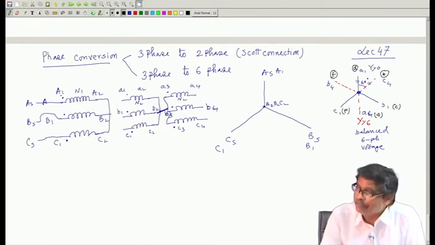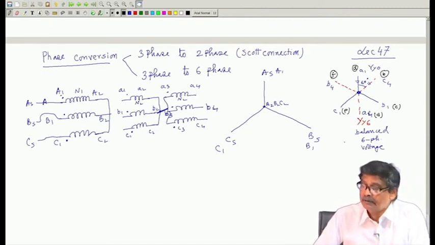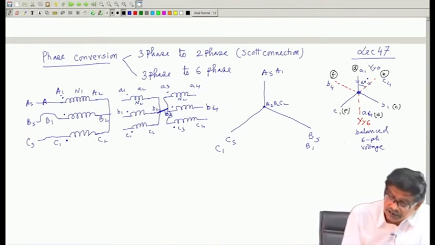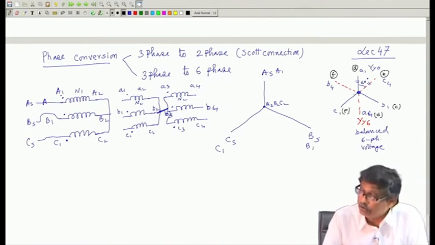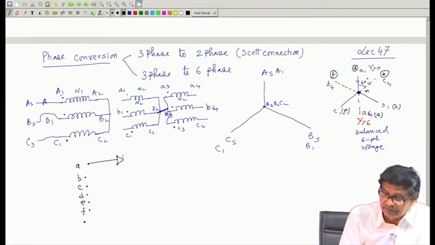I could rename them. Then I have these 6 voltages A, B, C, D, E, F, whose magnitudes are the same, and it also has a neutral. So I have a supply system now whose terminals are A, B, C, D, E, F, and also neutral. Got the point? What you do now, one of the applications I am telling, you connect diodes.